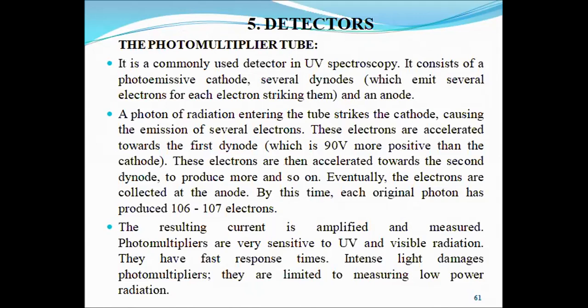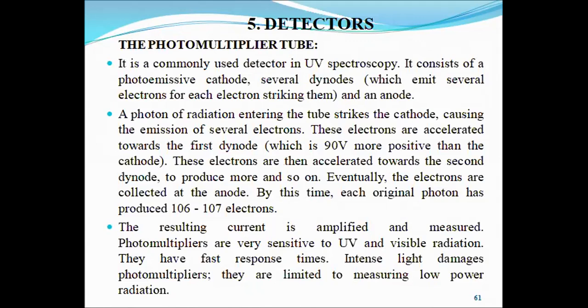Suppose the first dynode is 90 volts more positive than the cathode. These electrons are accelerated from the first dynode to the second dynode to produce more and more electrons. Eventually, the electrons are collected at the anode. By this time, each original photon has produced approximately 10^6 to 10^7 electrons.